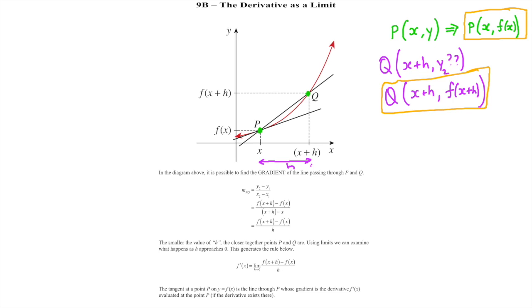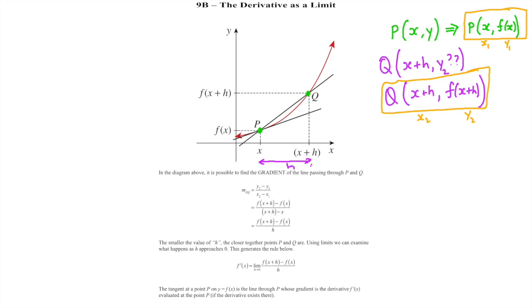And if we use those 2 points, x1, y1, x2, y2, in my gradient formula to find the gradient of the line joining P and Q, then I plug it in and end up with f of x plus h minus f of x all over h, because the 2 x's on the bottom, x and the minus x, drop each other out.